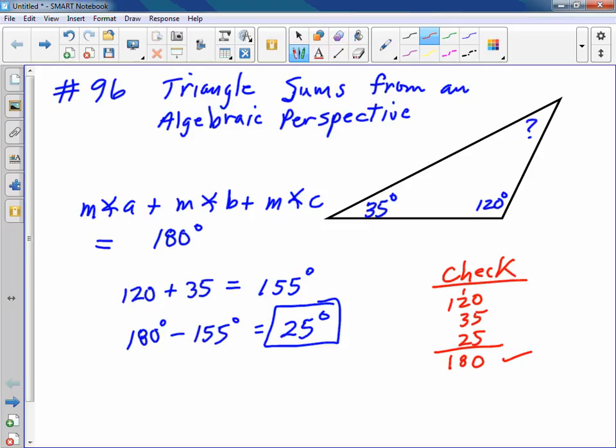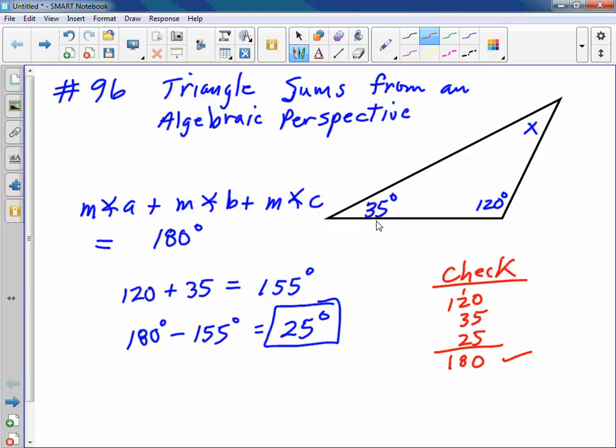Now, oftentimes instead of a question mark in math, you'll have some kind of an x or maybe even a 2x or 3x, doesn't matter. You can just put that in for the value that's missing. We can do the same problem in a slightly different way.